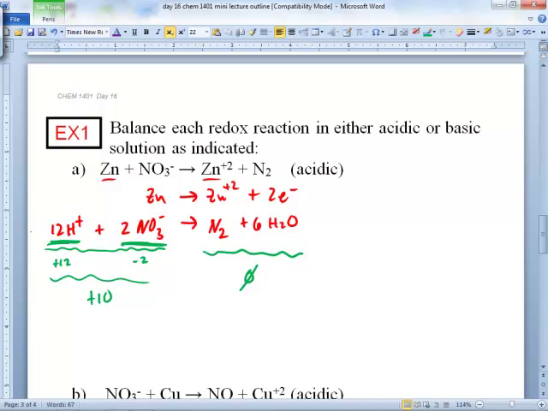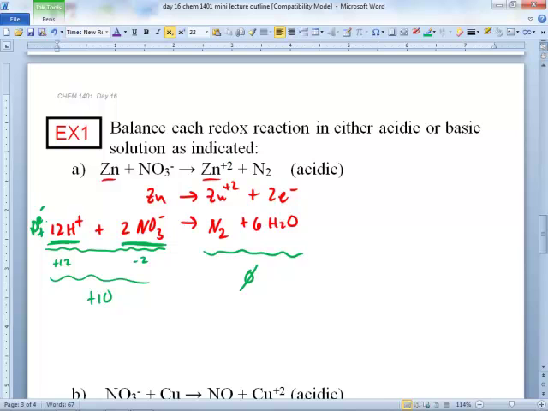I guess I got to squeeze it in here somewhere. 10 e minuses over here. Now I have the same charge on both sides. So right now, I have 2 balanced half reactions. Their charges are balanced on each, right? They're each balanced. The charges are balanced, everything's balanced about them.